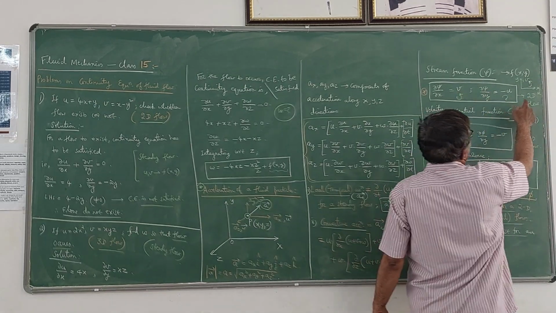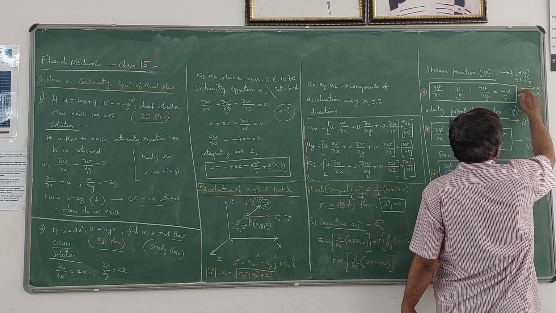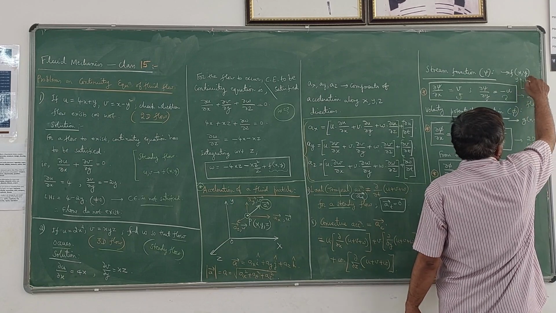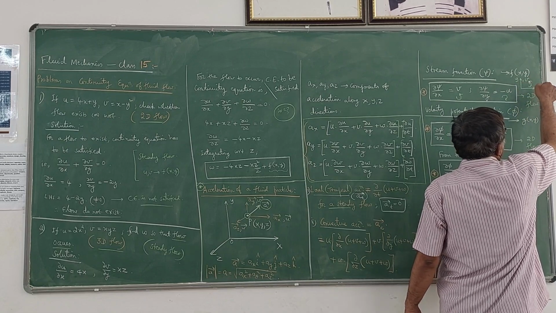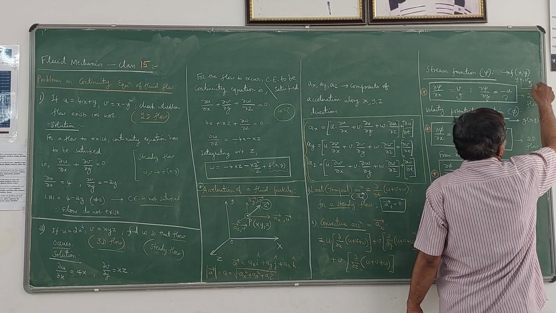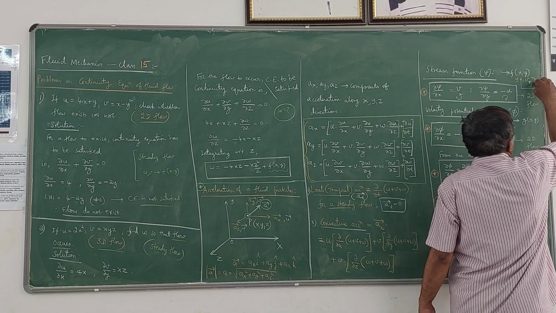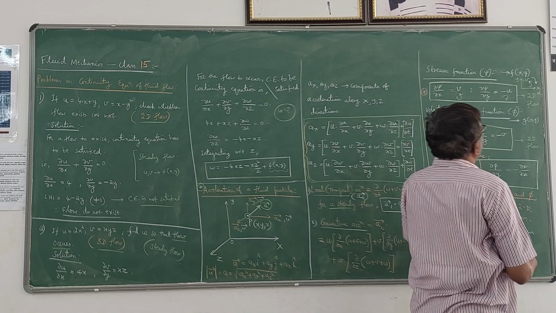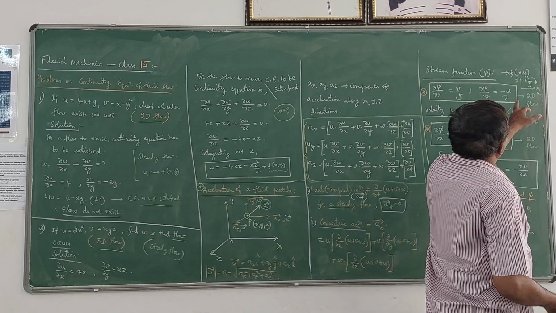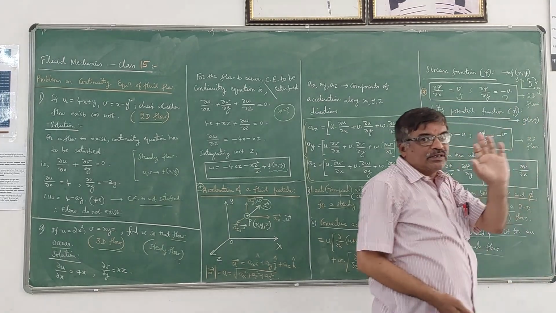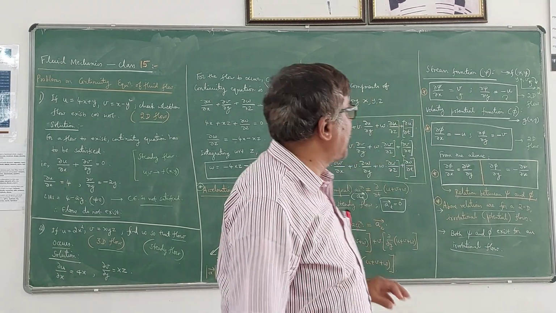If you are differentiating psi with respect to y, to come to this, the other direction is x, so I have to move clockwise. That's why it is taken as negative. That is the only difference we should keep in mind.